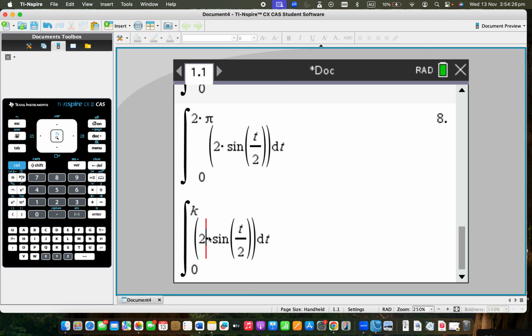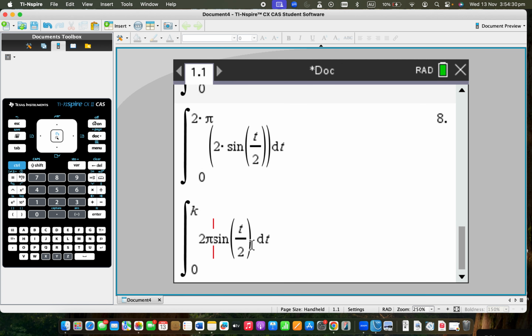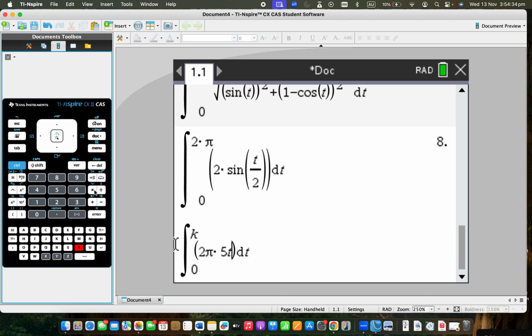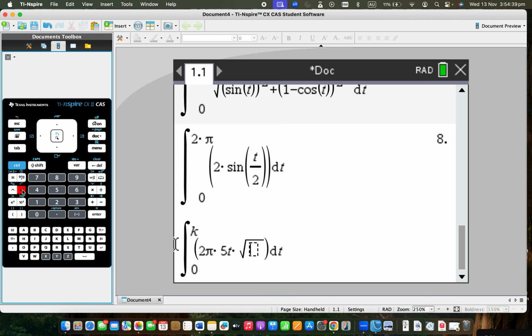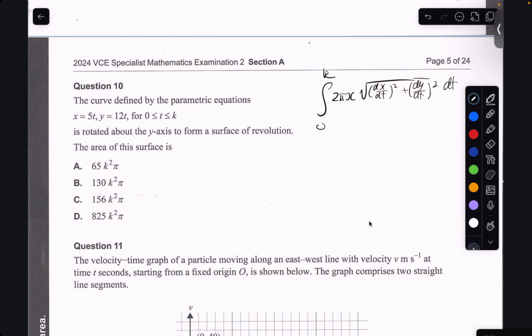And then we've got 2 pi, and then x. Now x was 5t, and then times the square root of dx dt squared. Dx dt is 5, so 25, plus dy dt squared. Dy dt is 12, so 144, and that gives 65k squared. So that's A.